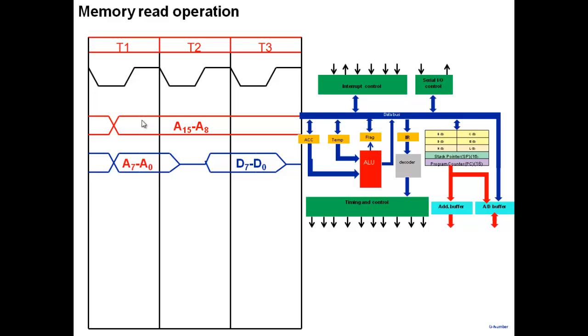But after putting the address here, it can't keep the address there forever, because on the same set of pins I want to receive the data from the memory. So the microprocessor generates a control signal called ALE, address latch enable. Externally, I must have an 8-bit latch.